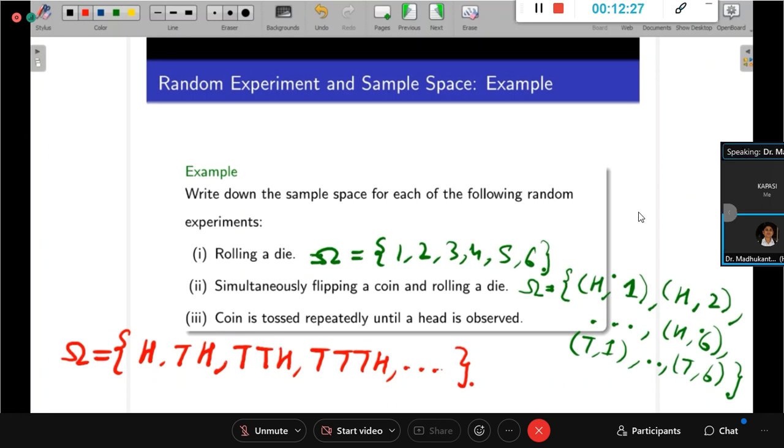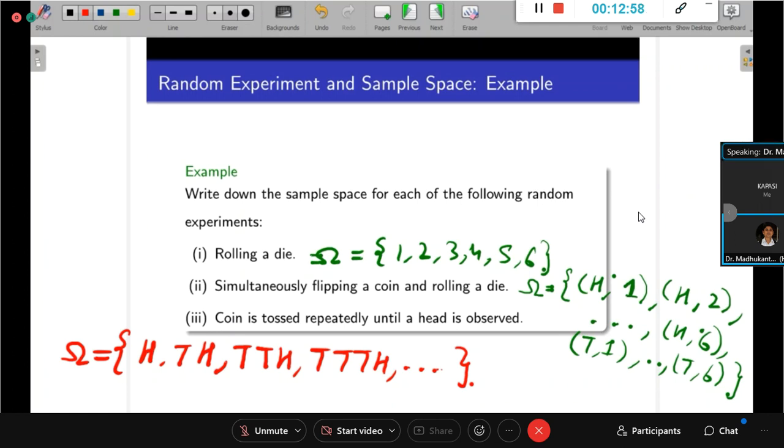And what is interesting here is that this is a set which, if you want to connect it with real analysis, in the calculus part, you must have gone through countable sets.